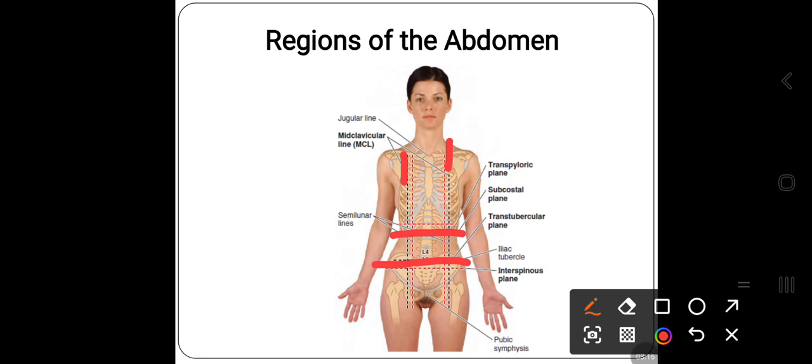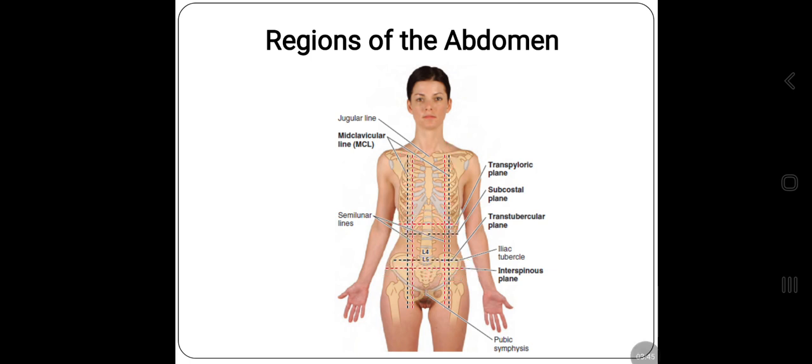Also, you can use another transverse line such as the transpyloric line, which is located midway between the jugular notch and symphysis pubis. An interspinous line passes across the anterior superior iliac spine.